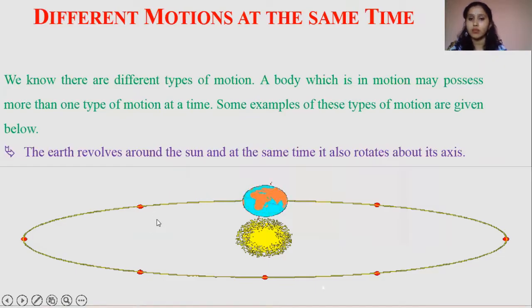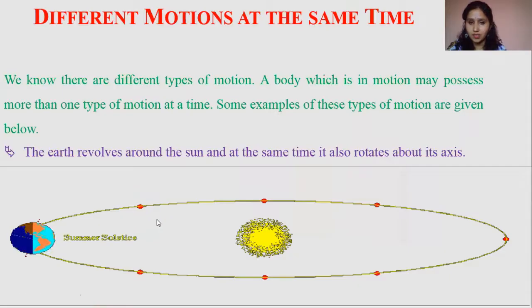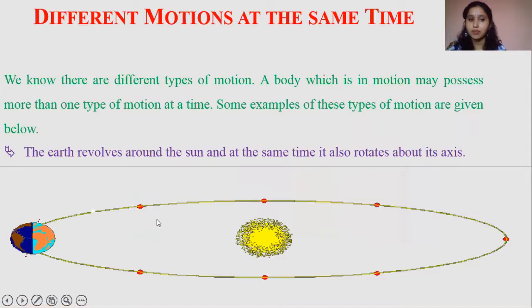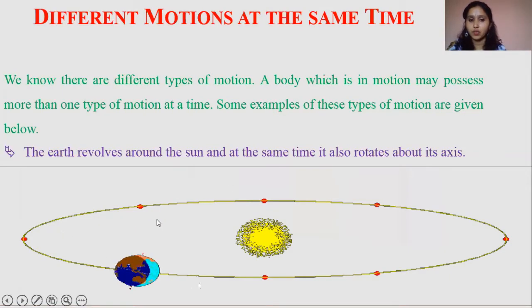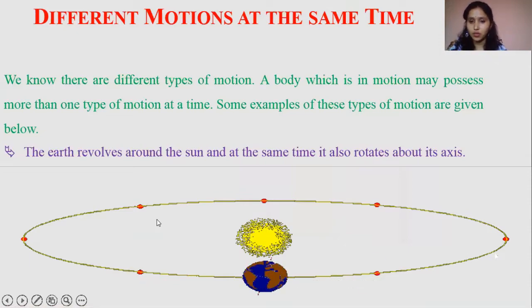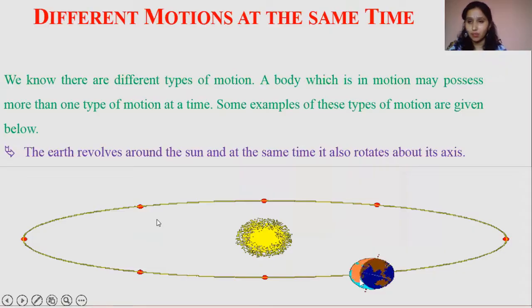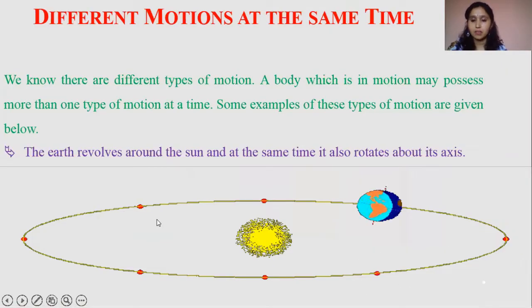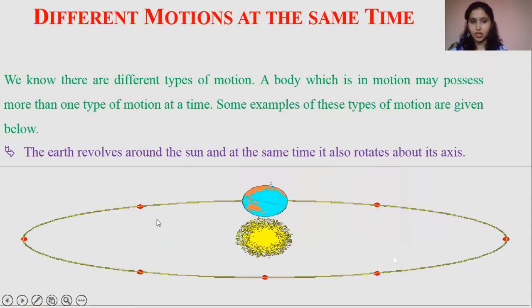That means there is a fixed interval of time between two rotations or two revolutions, so there is periodic motion also. So at the same time, the earth has rotatory, circular and periodic motion. In this way we can understand that there are different types of motion at the same time.